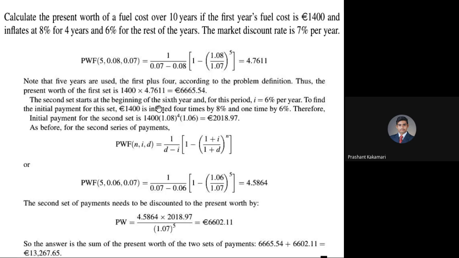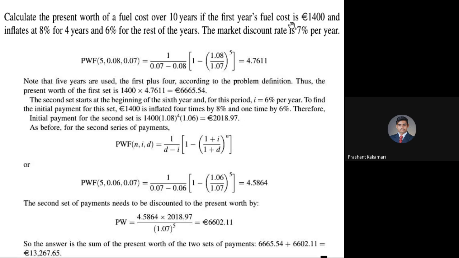So this whole term, why they are calculating is, to start with the 6th year, the fuel cost at the 6th year is this much, 2018.97 euros. So how are they finding it?